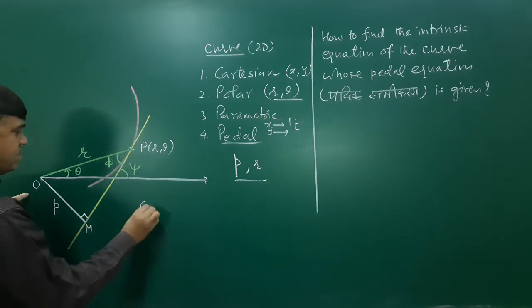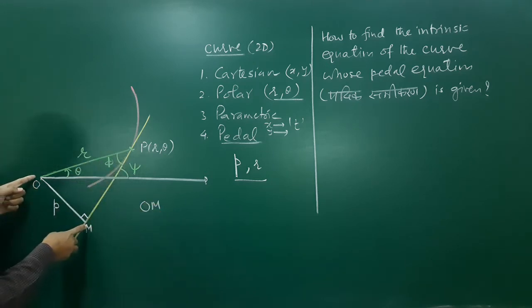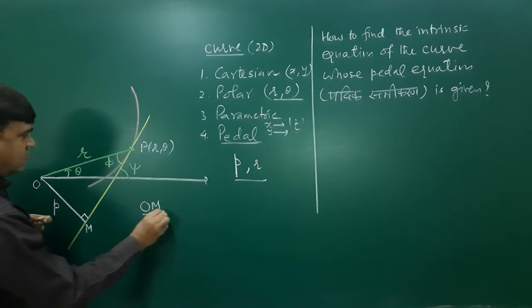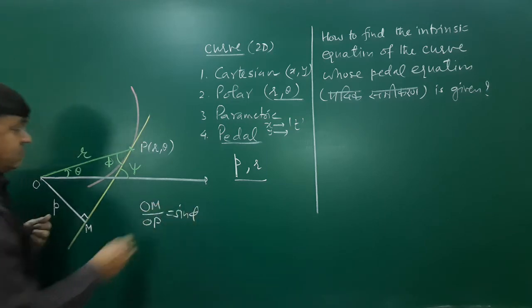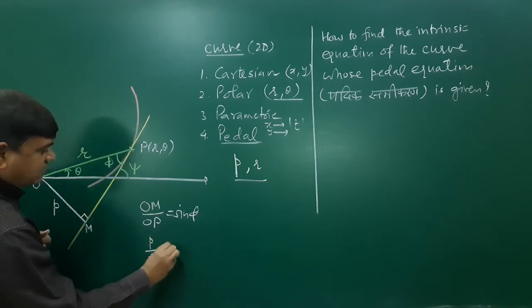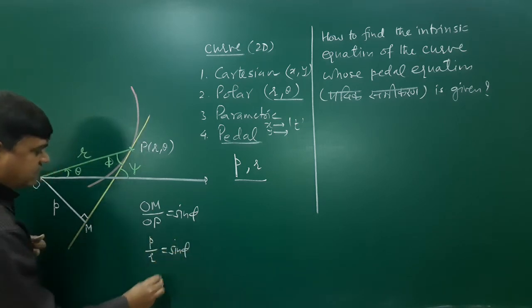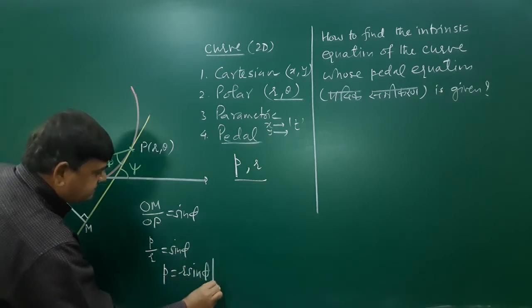So OM with respect to this angle phi, OM upon OP, this is sine phi by trigonometry, and OM, that is p upon r, is sine phi, so p is r sine phi.